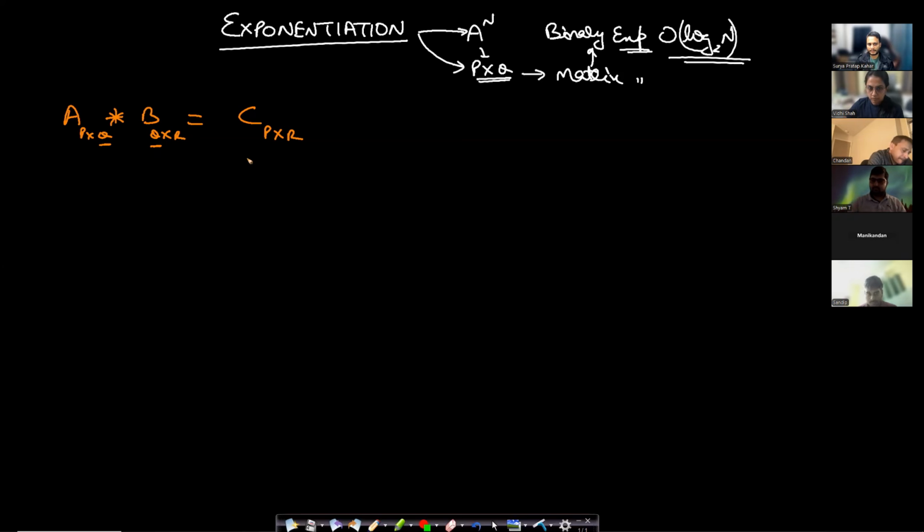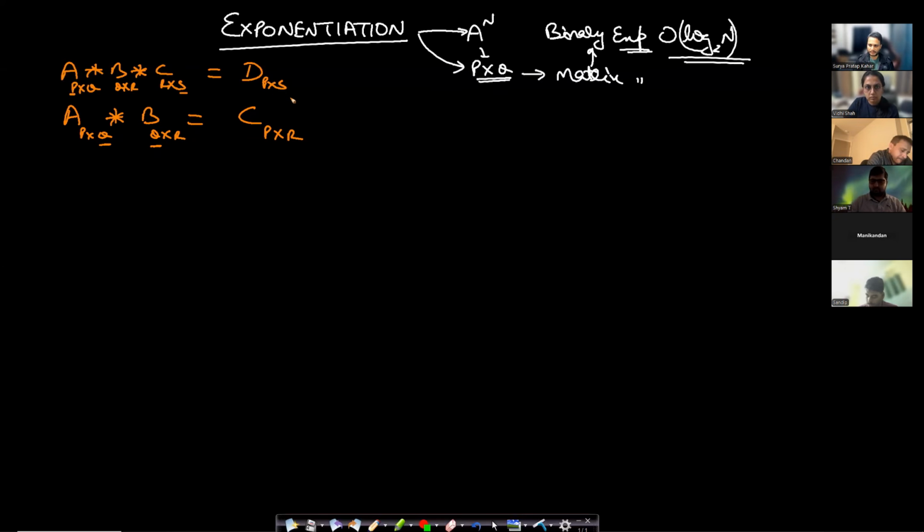And this is the resultant matrix of the multiplication, which is C having the row of A and the column of B. If you have chain multiplication A by B by C, which has dimension P by Q, Q by R, R by S, then you will get a resultant matrix D of the first matrix row and the last matrix column dimension, right?